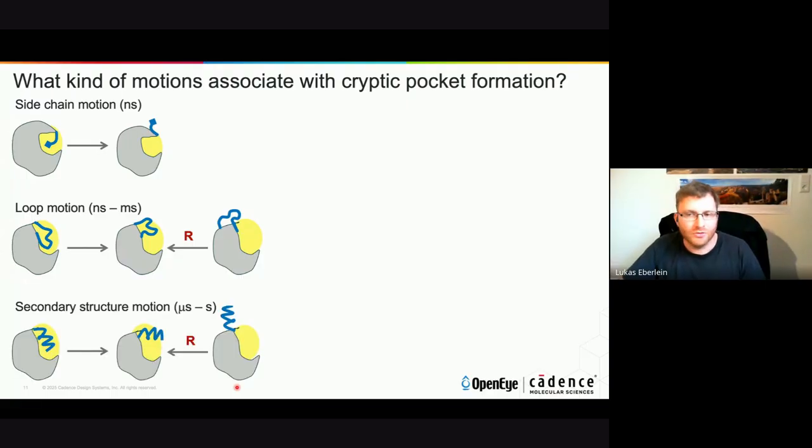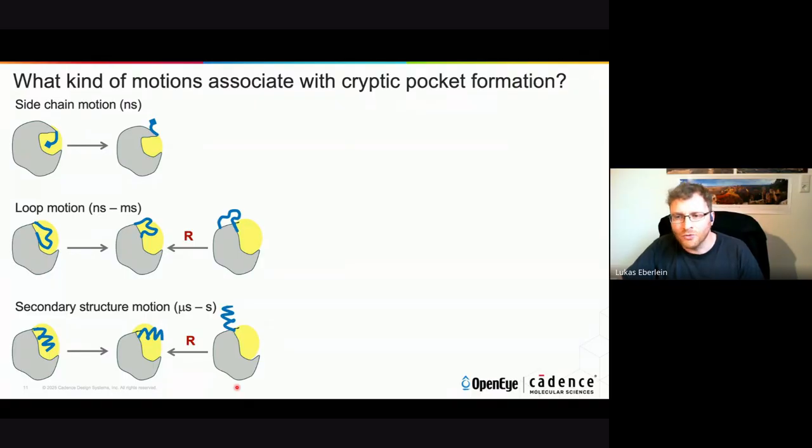Alternatively, there are longer timescale motions like secondary structure motions, where you have to move an entire secondary structure out of the way or bring it on top like a lid. This is already a little bit more time consuming, with microseconds to seconds, and outside of the scope of typical simulations.